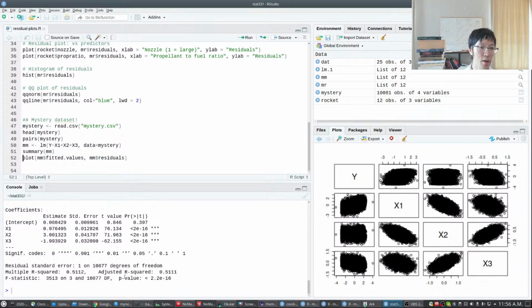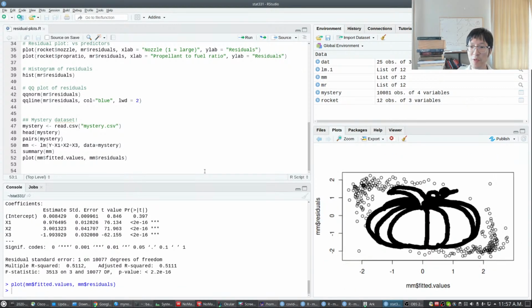Okay, so we already looked at it. So overall very significant. So as we learned today, it's always useful to look at plots of the fitted values and the residuals together. And so let's do that as our last thing for today. And so well, here's the residual plot. What do you think of this residual plot?